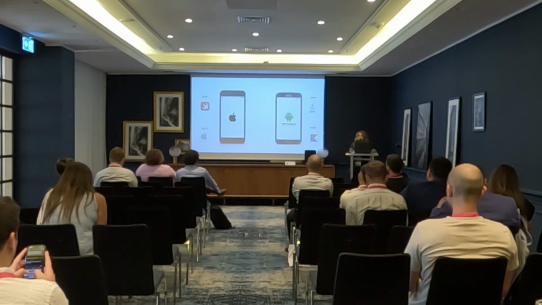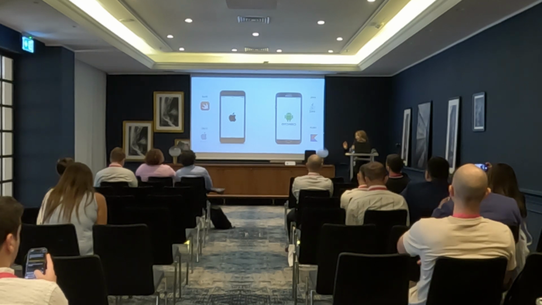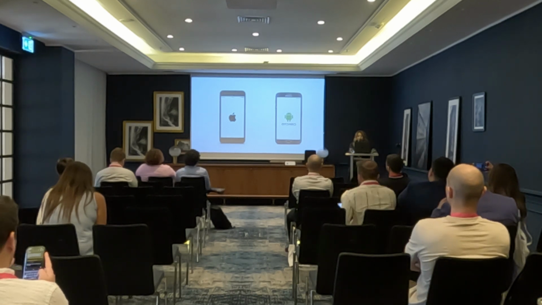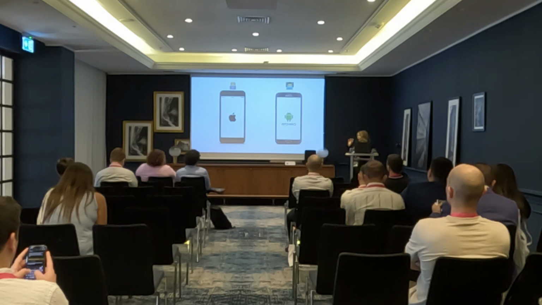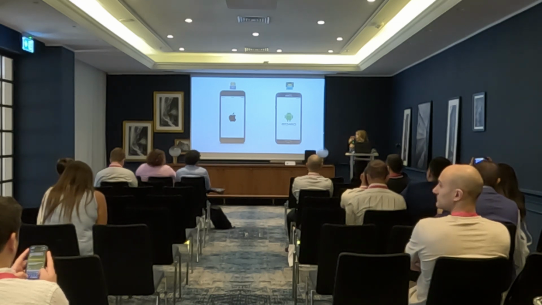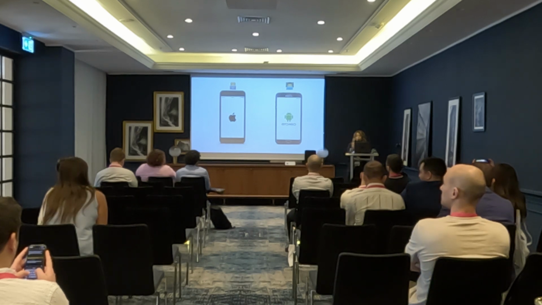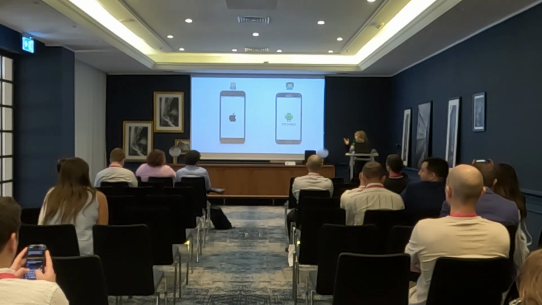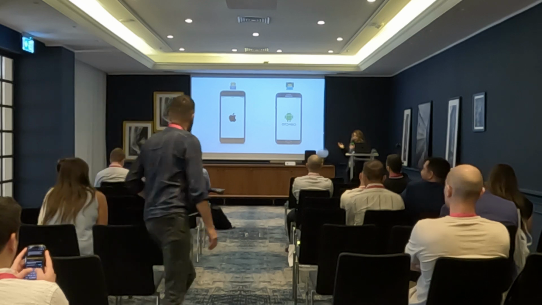That also means that you will need to create two separate but identical apps. And that often means that you will need two separate teams to maintain and develop them. And that often means that you will need to pay those teams as well.